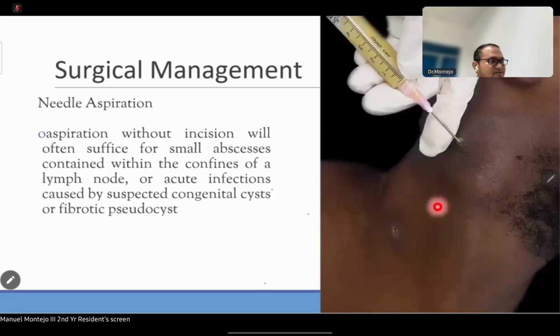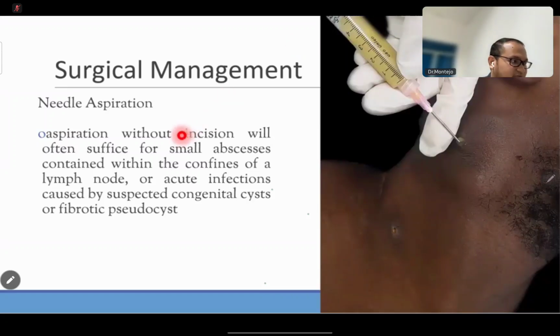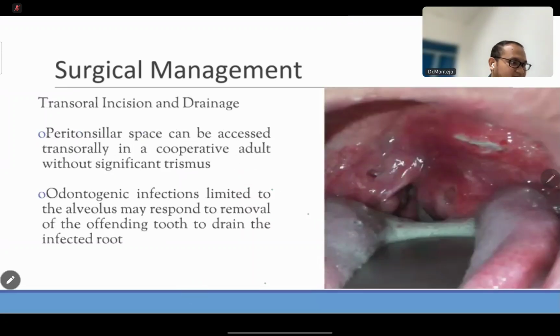So how do we do our surgical management? There are different ways. One would be needle aspiration, with a large bore needle. This suffices for small abscesses contained within the lymph node or even acute infections in congenital cysts.